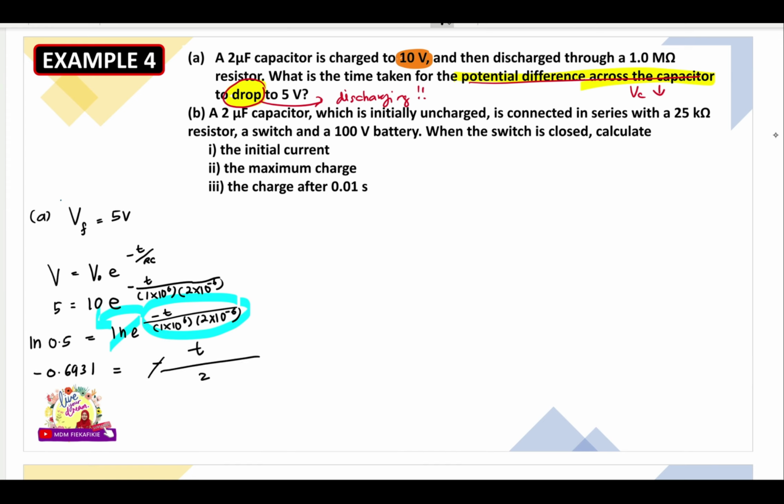Alright, so cancel negatif. t you akan dapat 1.39 second. Jadi dia mengambil masa 1.39 saat untuk voltage across capacitor drop from 10 volt to 5 volt. Okay, finish A and B.